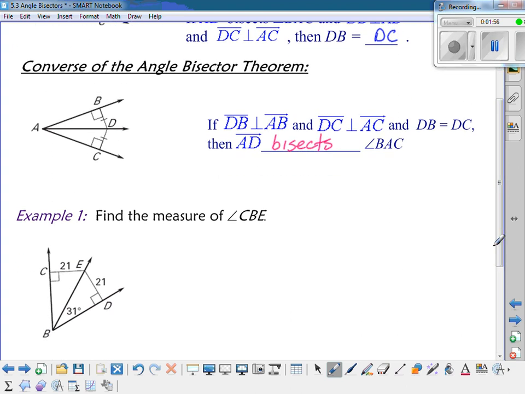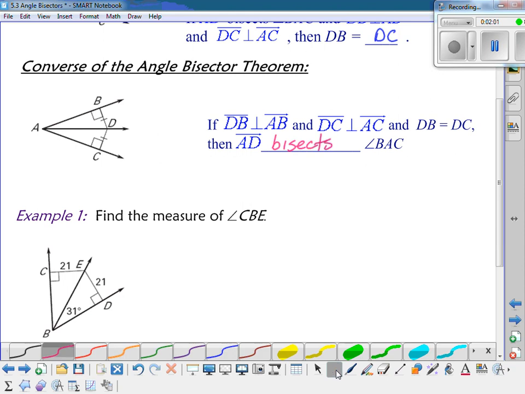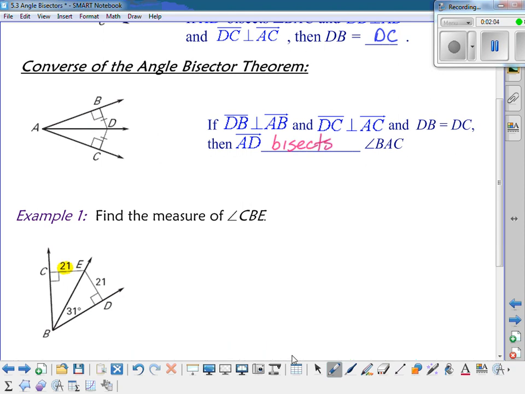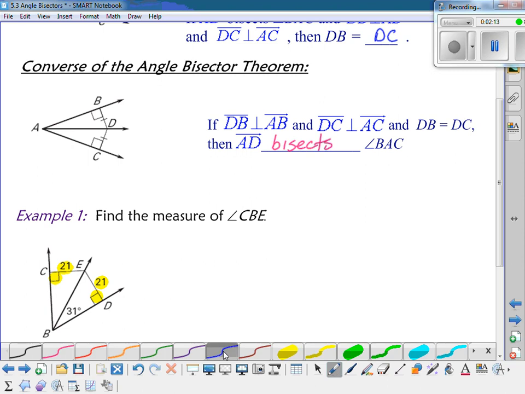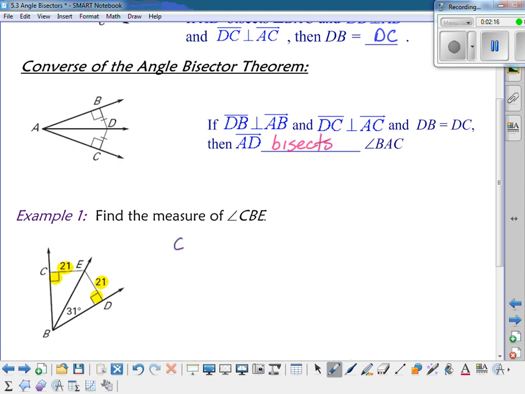In example 1 here, we're going to find the measure of angle CBE. So I can see in the figure that these two segments are congruent. I have right angles. So we've got that CE is equal to DE. CE is perpendicular to BC, and DE is perpendicular to BD.